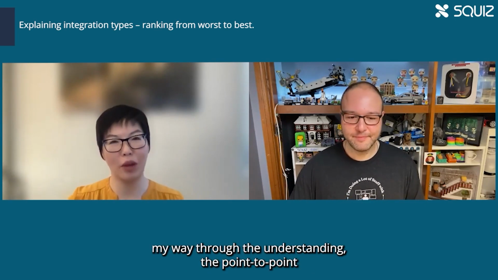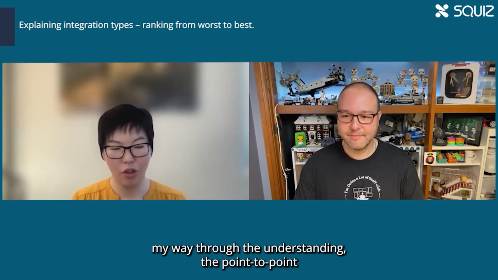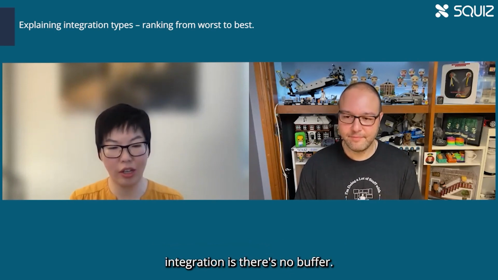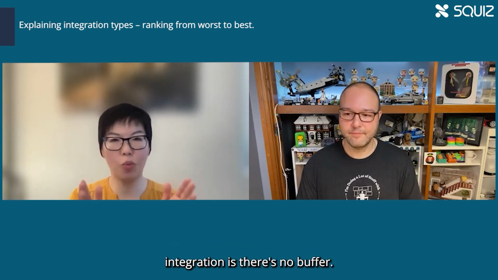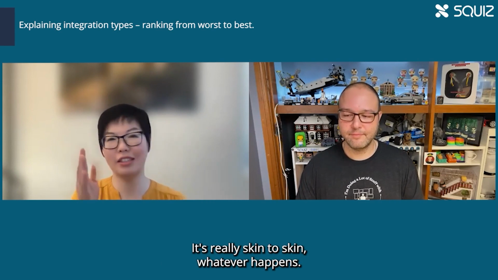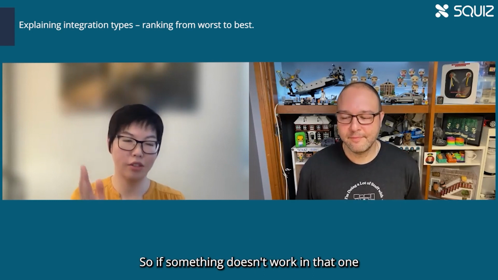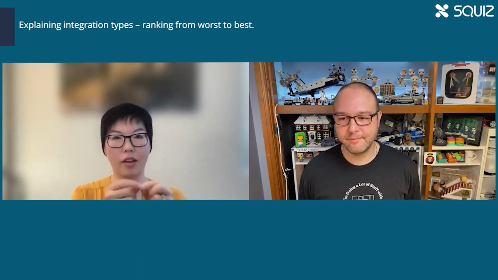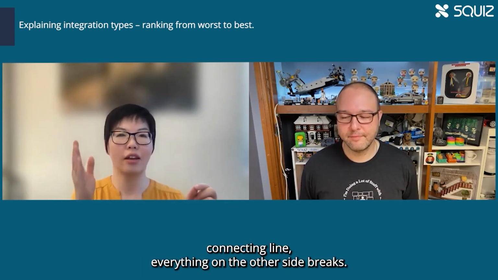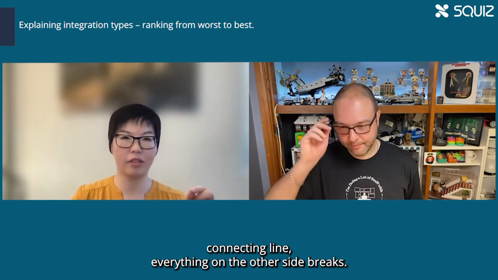So if I were to, again, kind of me trying to layman my way through the understanding, the point-to-point integration is there's no buffer. It's really skin to skin, whatever happens. So if something doesn't work in that one connecting line, everything on the other side breaks, right?